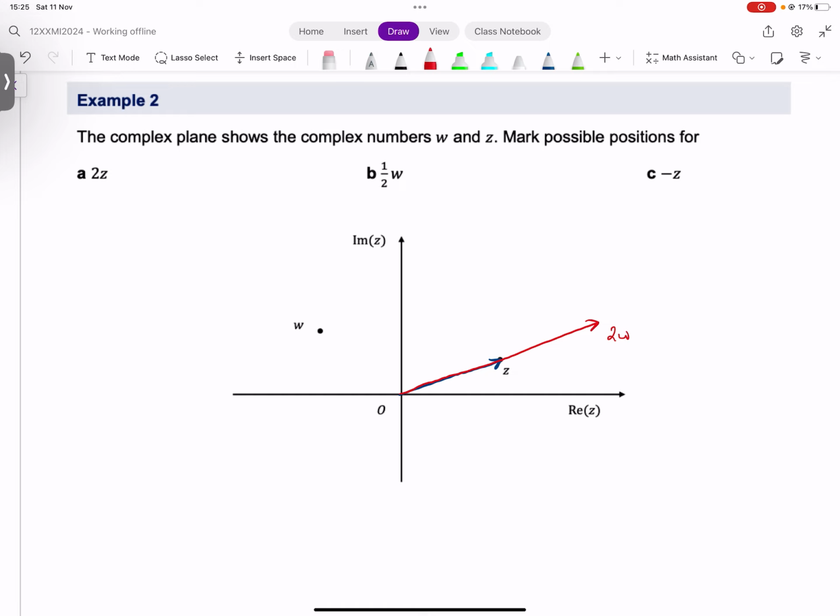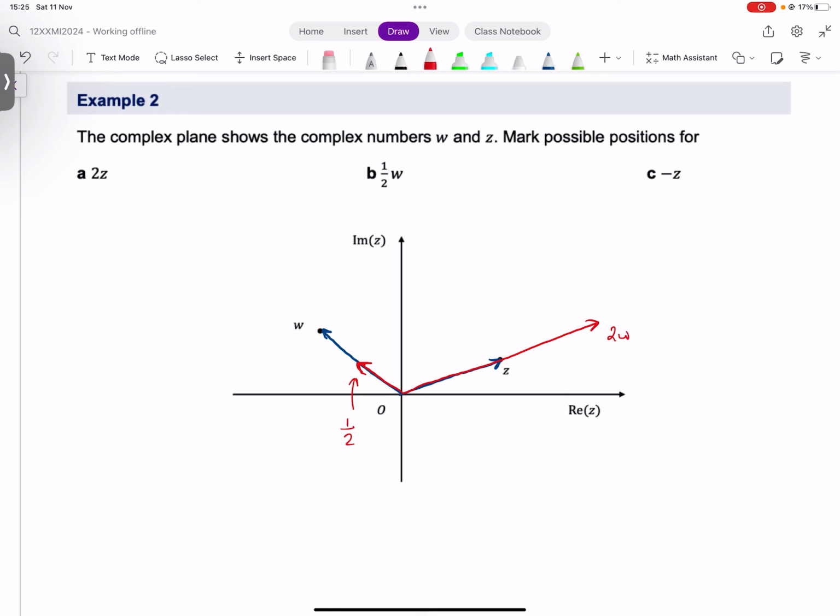A half w, well, if that's w, a half w is simply just halfway. Multiplying a complex number by a scalar does not affect its argument, and that's because the argument of any scalar is 0.